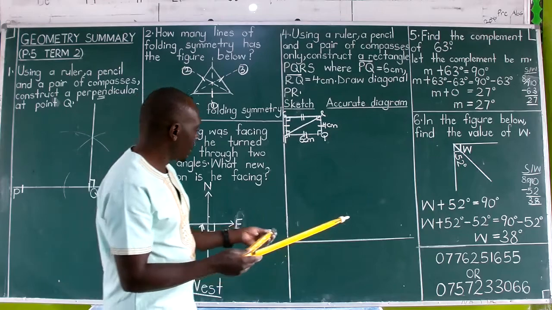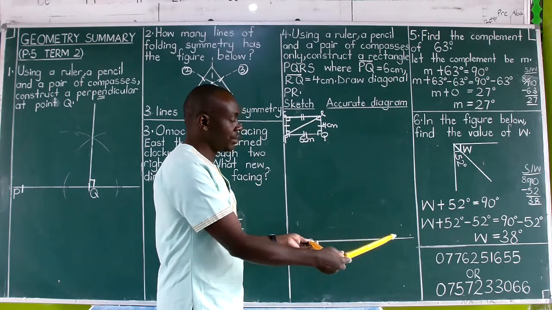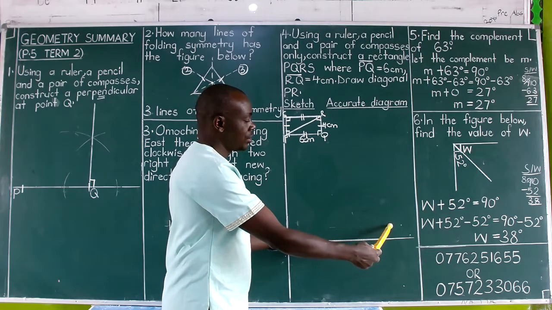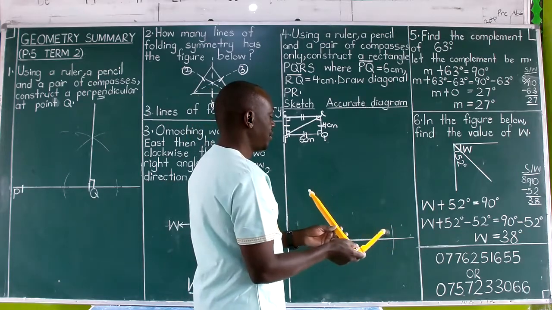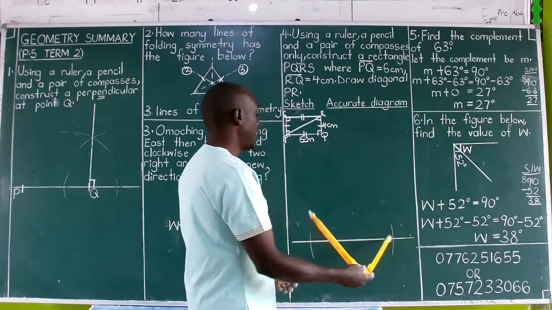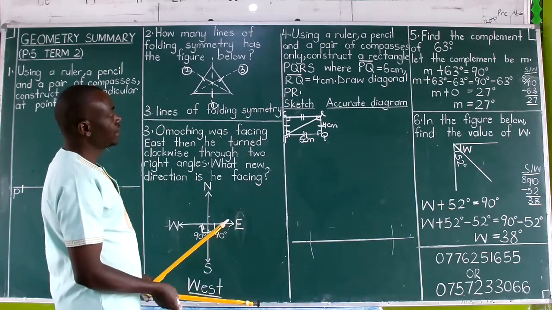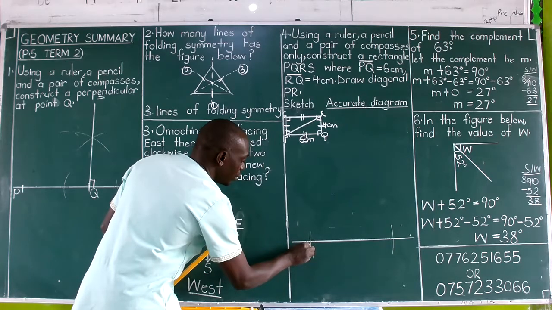Good. So now we go to our drawn line and mark off that measured length of 6 centimeters. You transfer it to the other side and mark it off. Having marked it off, label the line.